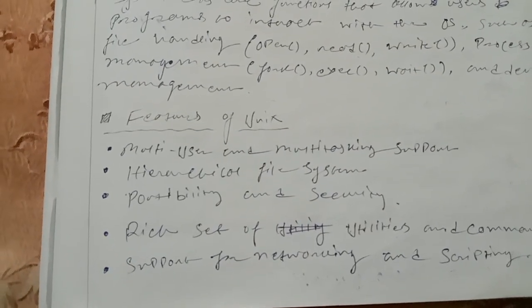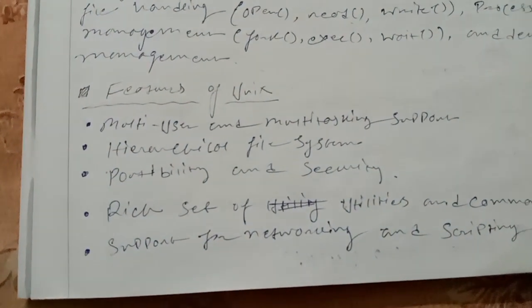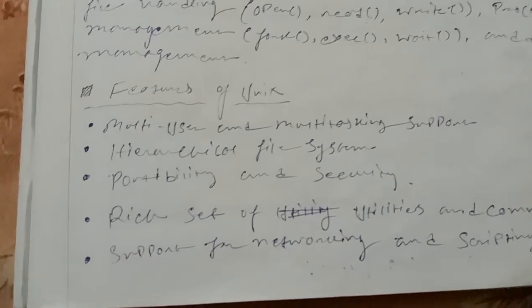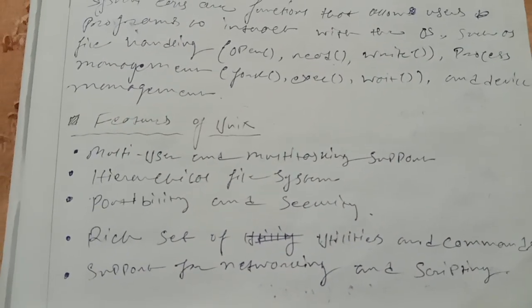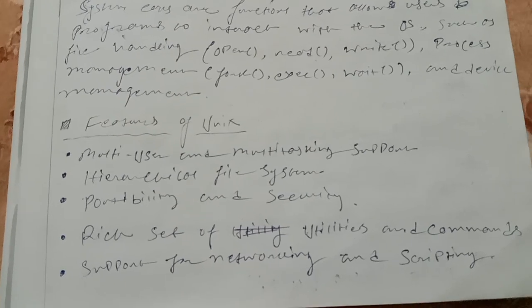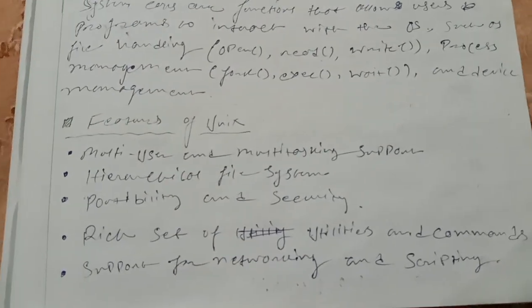Now let's see the features of Unix. We have many features in Unix. Unix has multi-user and multitasking support. Unix supports multiple users, and also multitasking: more than one task can be done at the same time. Secondly, there is a hierarchical file system. Unix supports a hierarchical file system. Third is portability and security.